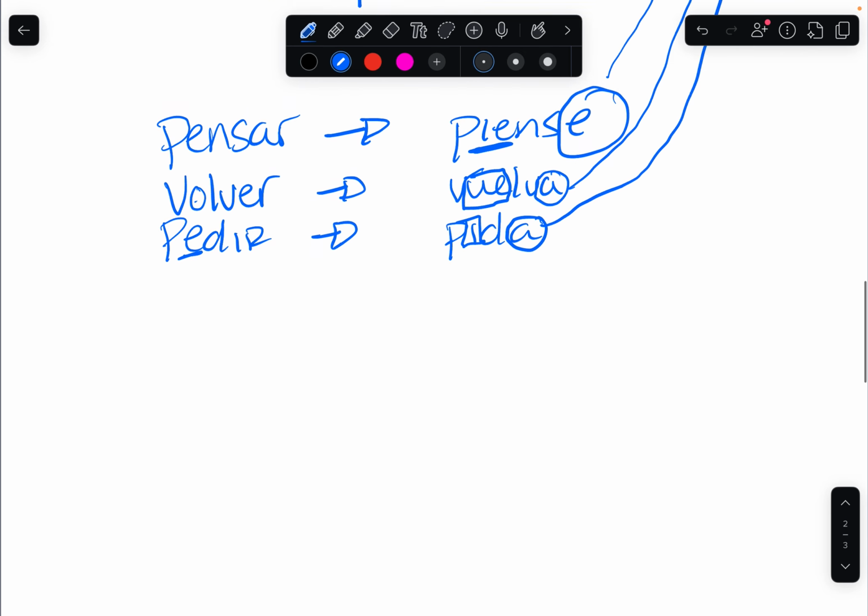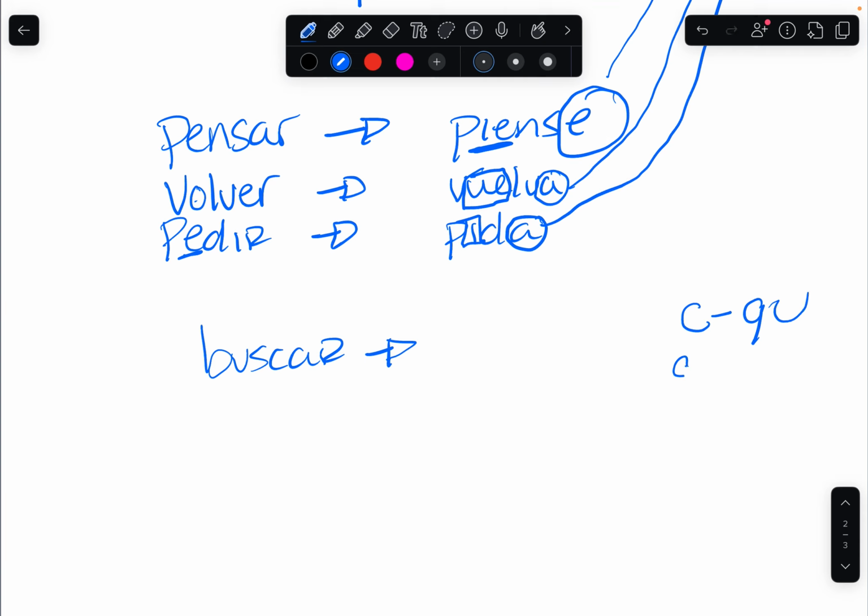And then you have to remember that there are certain verbs that change completely. So, for example, you have buscar. This means to look for. So, this changes from C to QU.